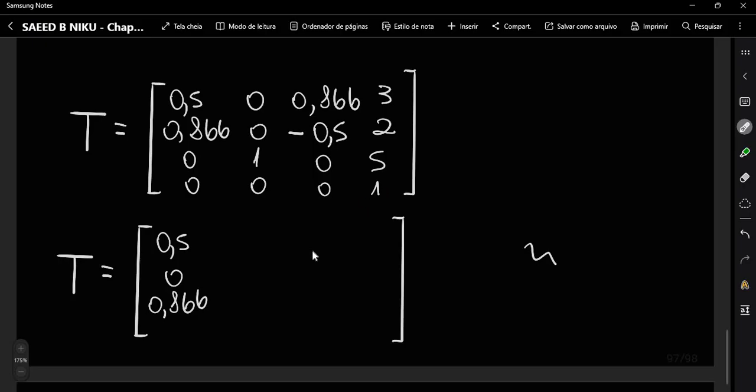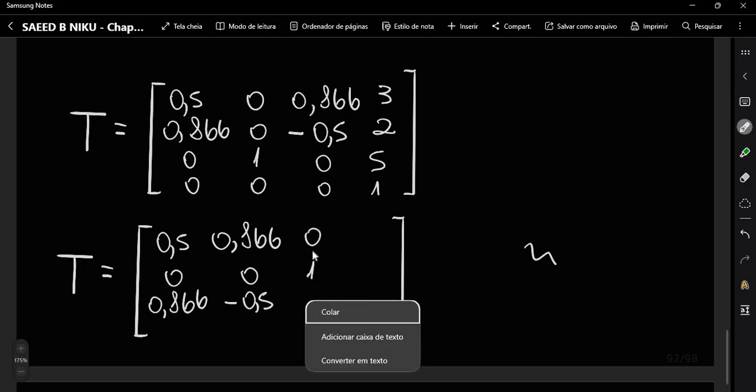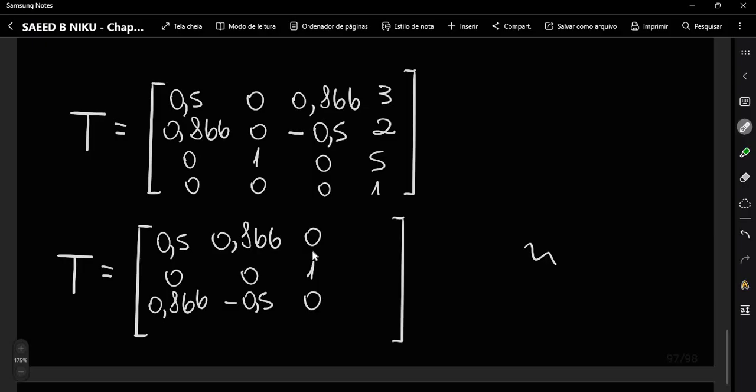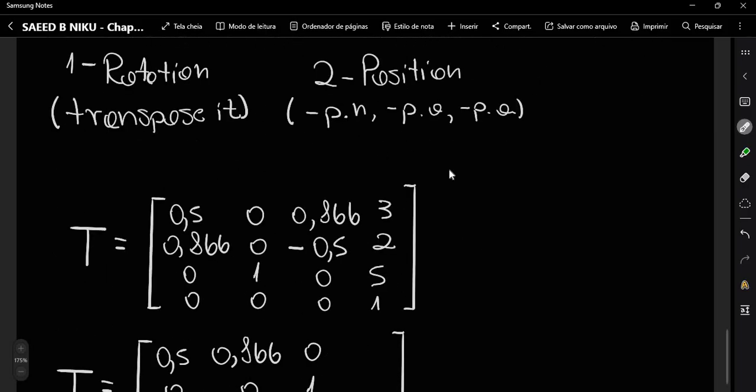Now this line 0.866, minus 0.5. Now this line 0, 1, 0. And now calculating the negative product of the vector p with each of these unitary vectors.